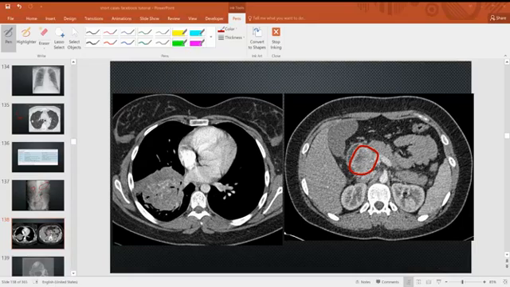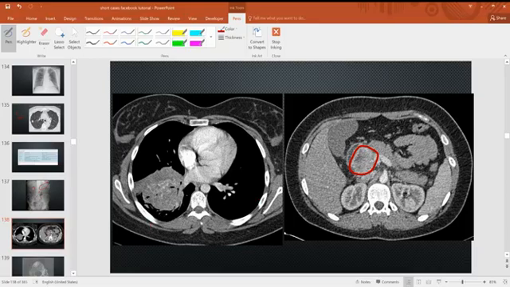Someone wrote lymphoma. Yeah, it can be lymphoma. One of the causes of air bronchogram, other than simple infective consolidation, is lymphoma, and both together can be lymphoma.